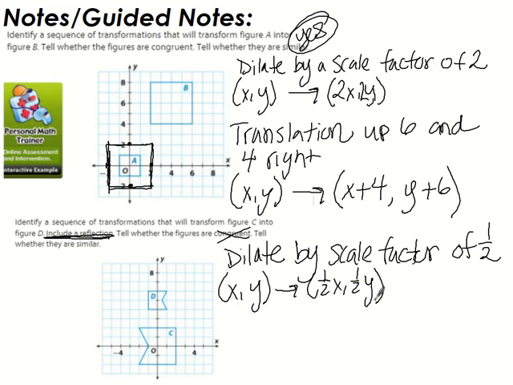I'm going to start there. So 2, 2 becomes 1, 1. 2, negative 2 goes there. This 2, 2 goes here. 1, 1 is actually going to go to a half, so it's a little difficult.